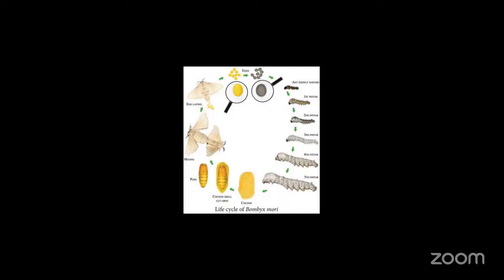So 1 acre of land is enough for the mulberry garden. In that mulberry garden, silkworm rearing can be supported by hiring a few members of labor. Okay, this is very, very easy to maintain or manage.